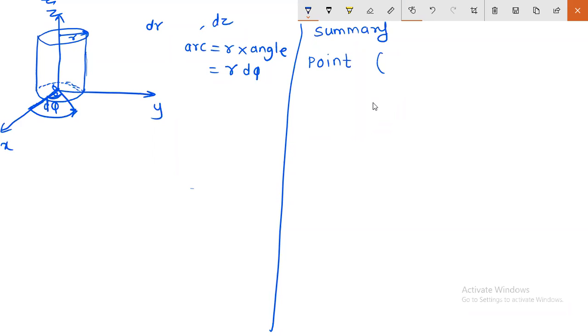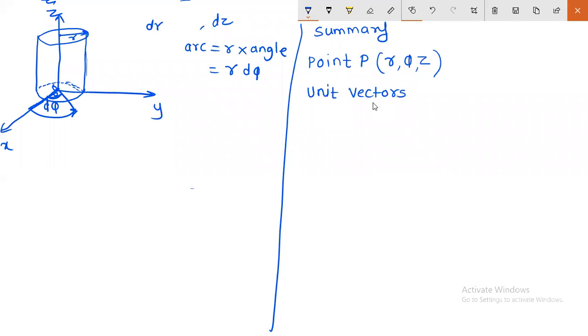If I consider any point P in this cylinder, then what will be the coordinates for point P? What are the coordinates in the cylindrical system? Yes, so r, phi and z, right? Then just tell me what the unit vectors can be.